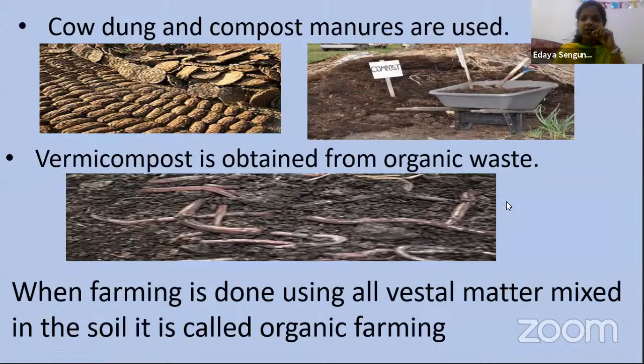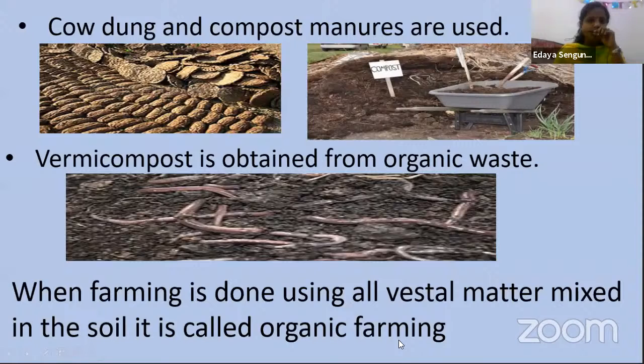When farming is done using all the waste material mixed in the soil, it is called organic farming. So by these methods, with the organic waste or with the vermicompost, organic manures, when the farming is done with this waste material, this farming is known as organic farming.